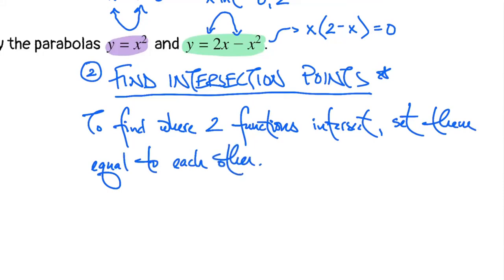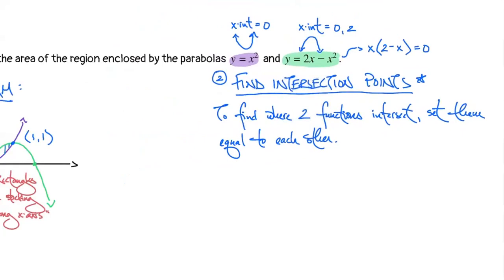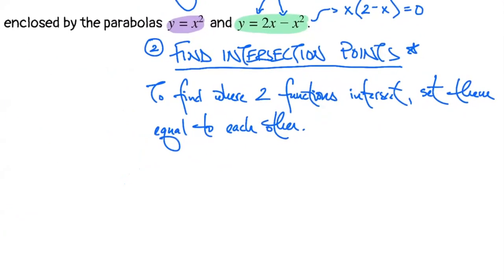All right, so to find where two functions intersect, set them equal to each other. In other words, we can say that x squared, the purple one, is equal to 2x minus x squared, the green one. So we could say x squared equals 2x minus x squared.